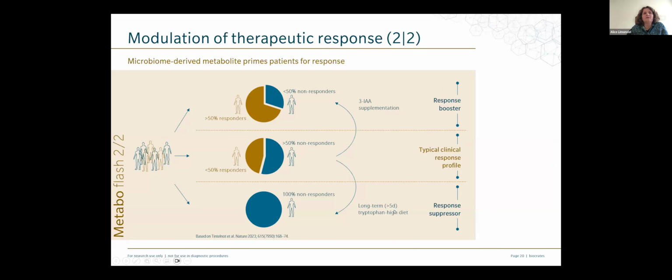This was a really interesting aspect. So you have to, of course, be careful how you manipulate the response of the patients. But if you provide the right supplementation, you have the potential to boost the response of the responder group and also turn non-responders into responders.